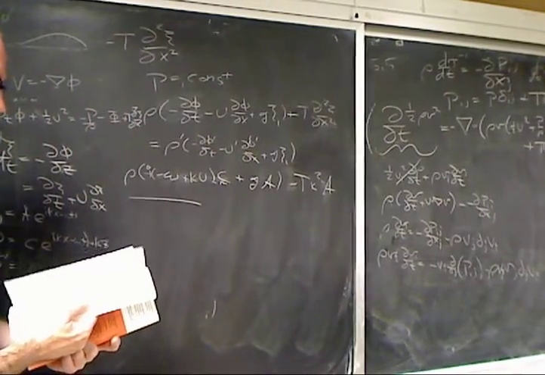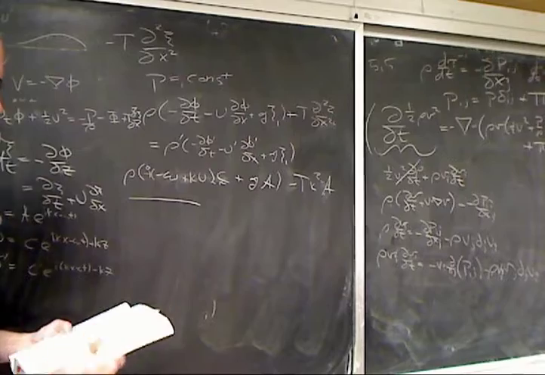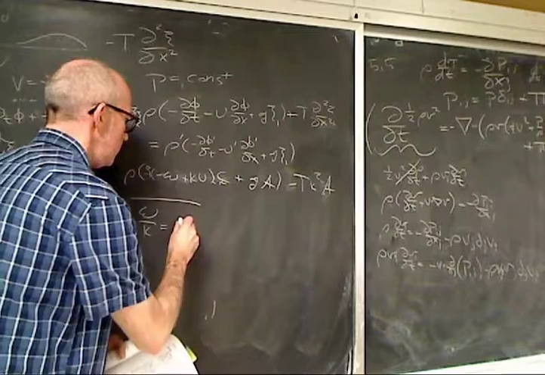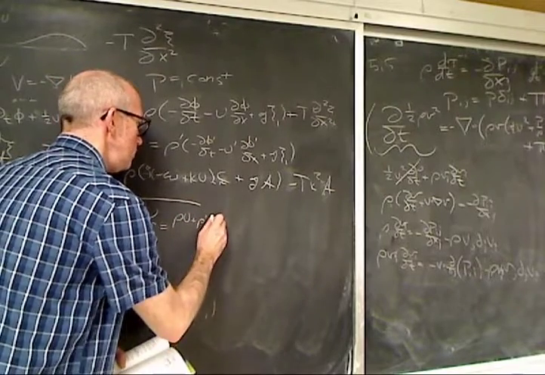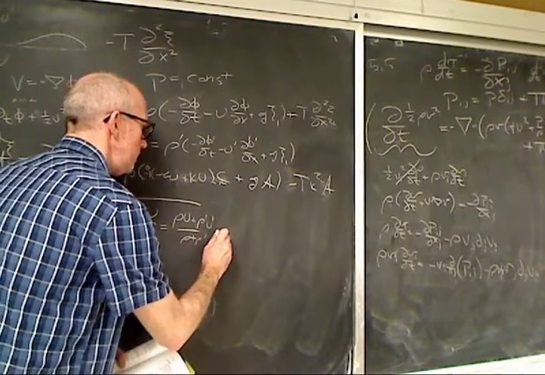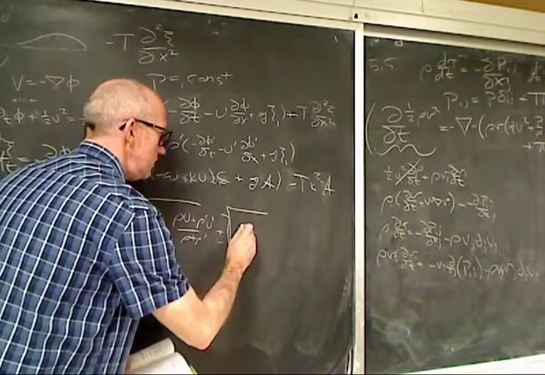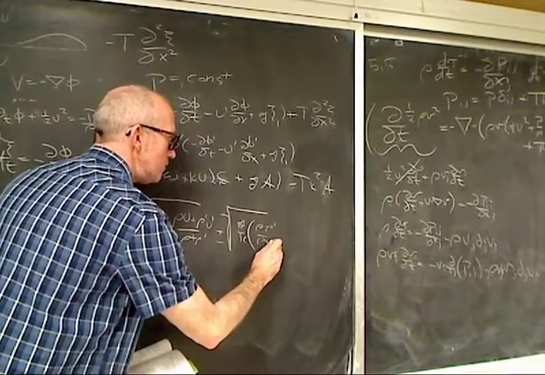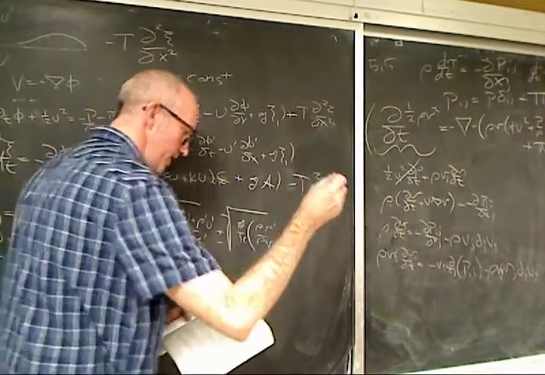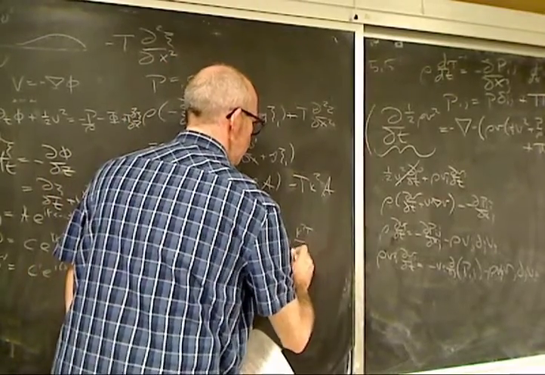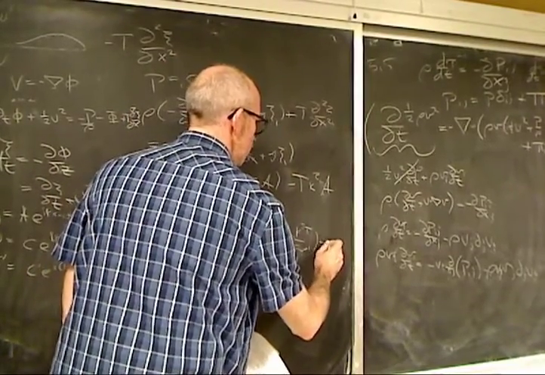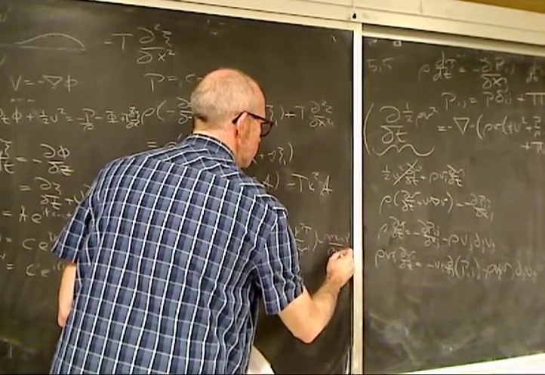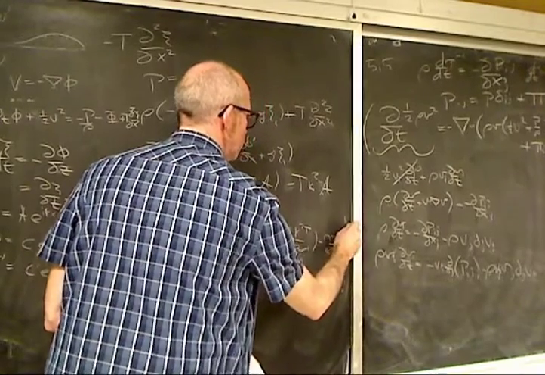So your final dispersion relationship after the algebra all settles says omega over K equals rho U plus rho prime U prime over rho plus rho prime, plus or minus the square root of G over K times everybody, rho minus rho prime over rho plus rho prime, plus the new thing, K squared T over rho plus rho prime, minus rho rho prime U minus U prime squared over rho plus rho prime squared, all to the 1/2.